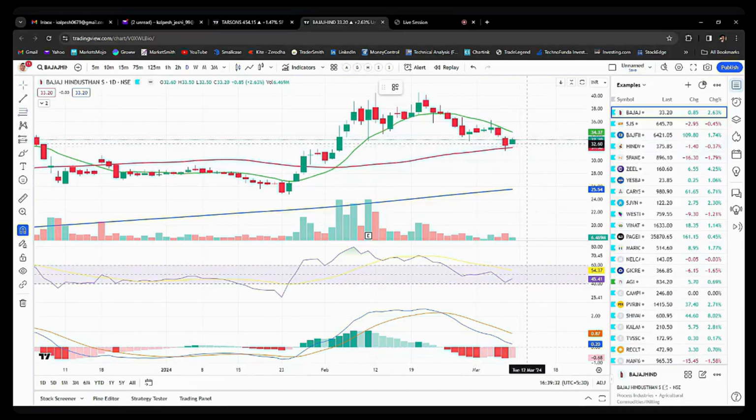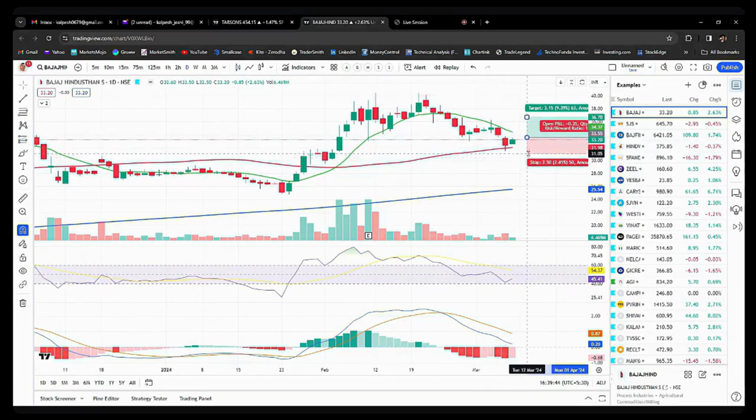Again, a disclaimer: this is not a recommendation. I am just telling how we can take a trade. So above this we can trade. We can keep this moving average as a stop loss, or if you're very conservative, you can take this as a stop loss.